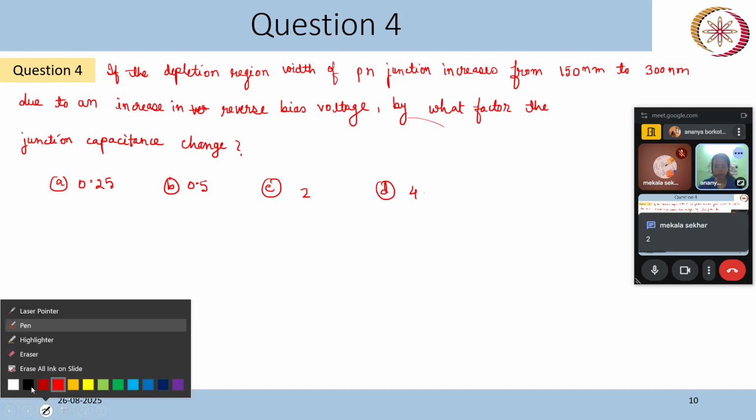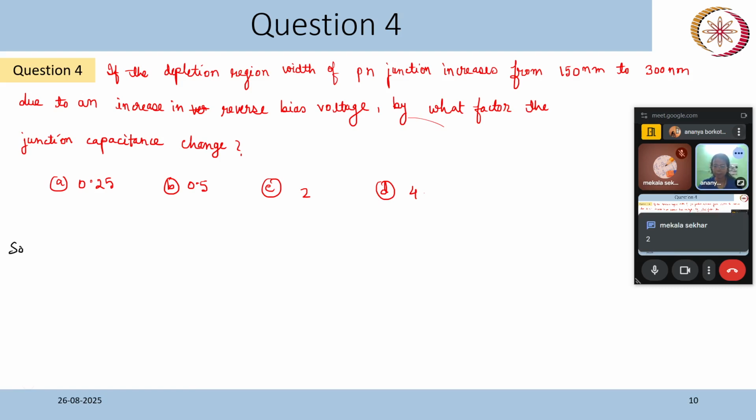Okay, two. Actually, you are doing it correctly, but your process is opposite. We know that depletion capacitance or junction capacitance is epsilon silicon by W depletion. See, this is a bit confusing, these two options are given, that's why you have to be careful.